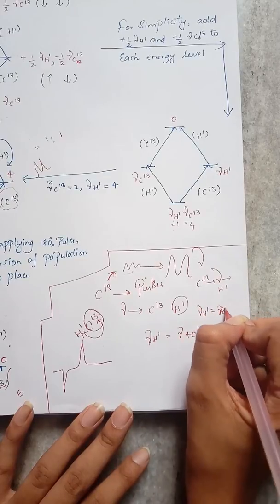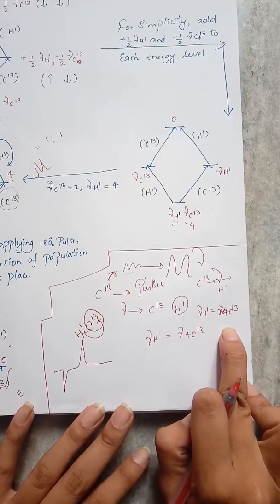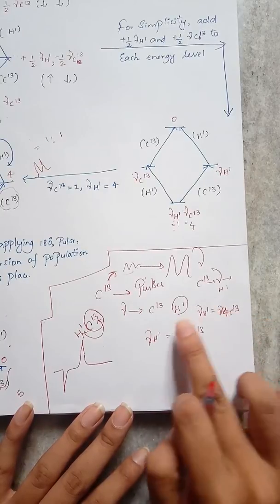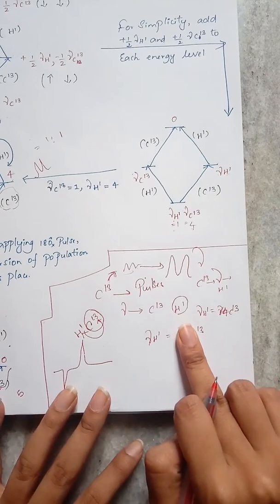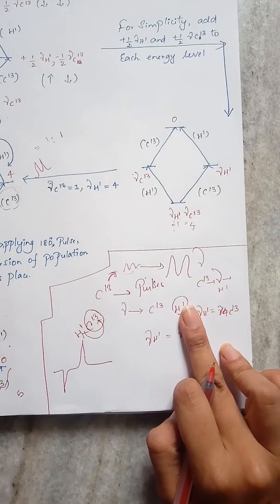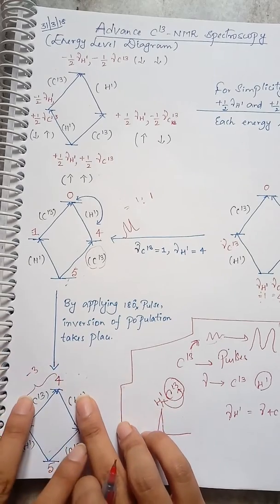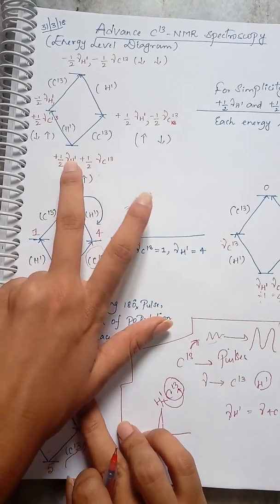The gyromagnetic ratio of C13 is 4 times less than that of proton. So what I am doing here is that we'll increase the intensity of C13 by coupling it with a proton.